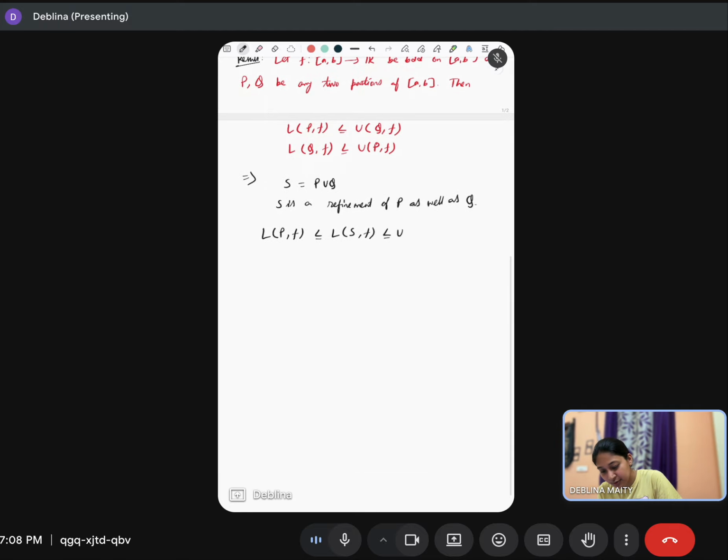This is less than or equal to U(Q, f), because after refinement the upper sum decreases, since S is also a refinement of Q. And similarly, L(Q, f) is less than or equal to L(S, f), which is less than or equal to U(S, f), and since S is also a refinement of P, we can write the same.